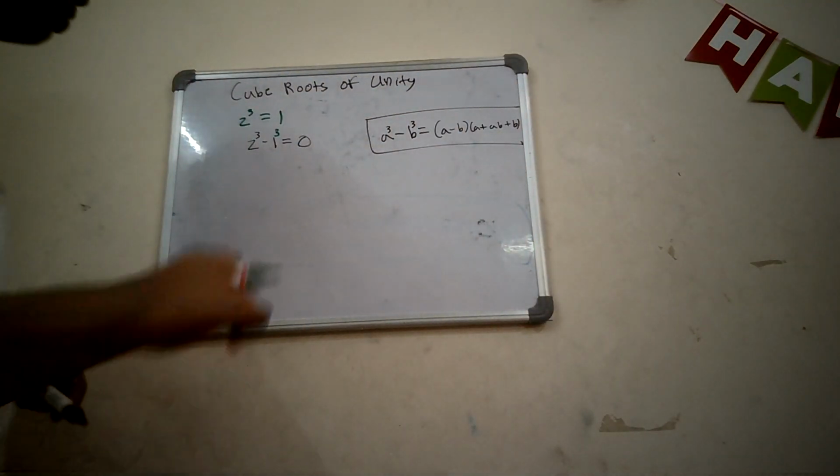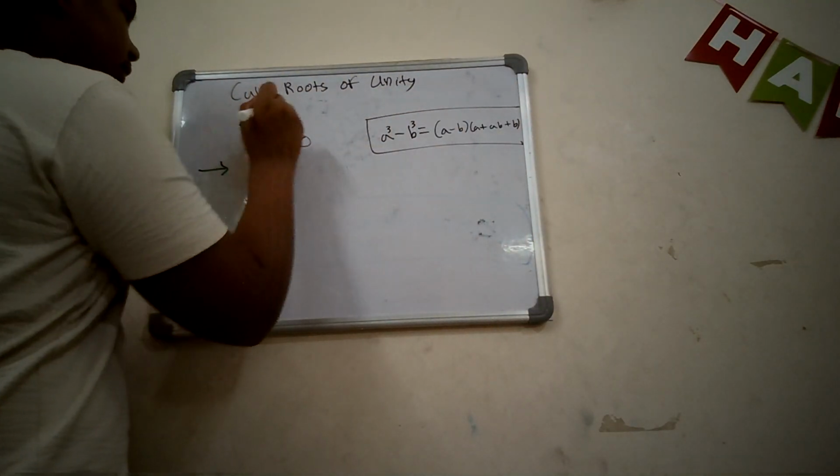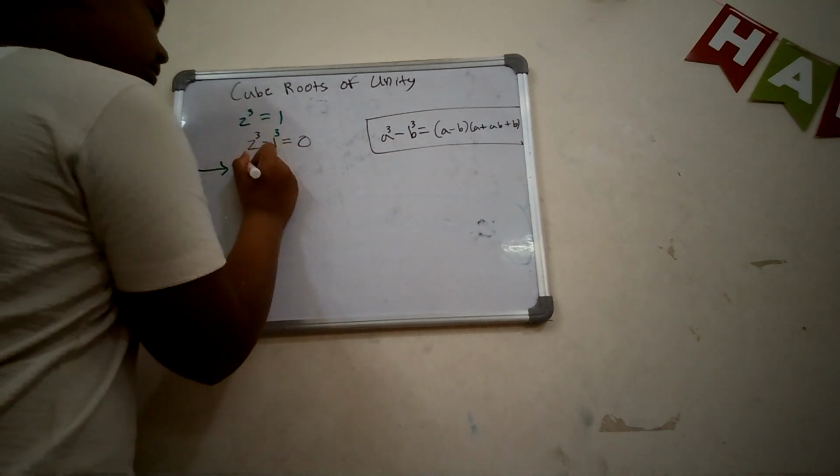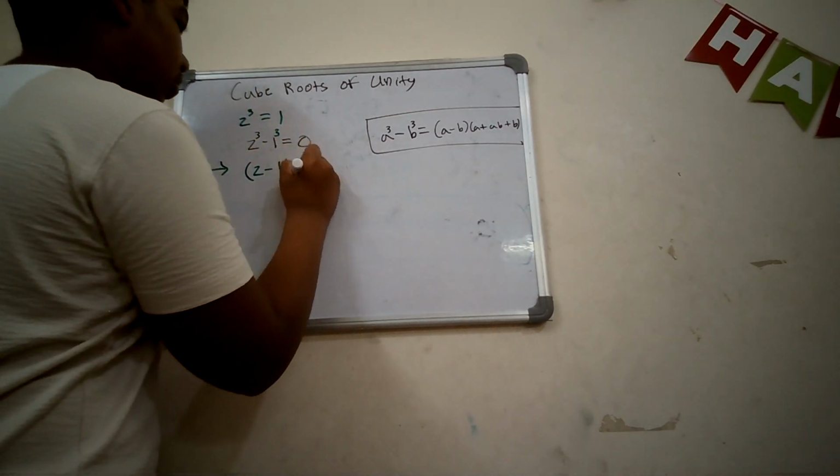Let's plug the values in. So we would get from here, then we do the factorization, (Z minus 1) times (Z squared), or this should be squared, yeah.